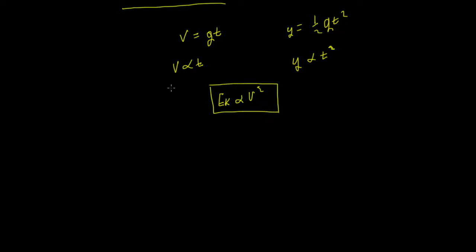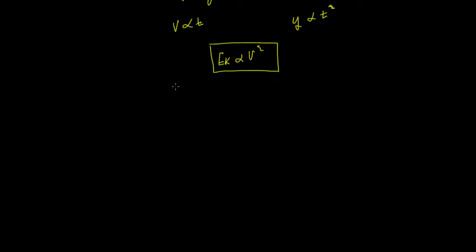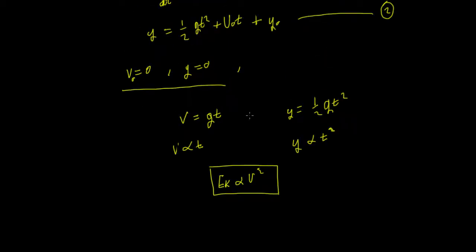Now if we were to look to find out what the velocity is dependent on the position, then we can take these two equations and we can get rid of the t.